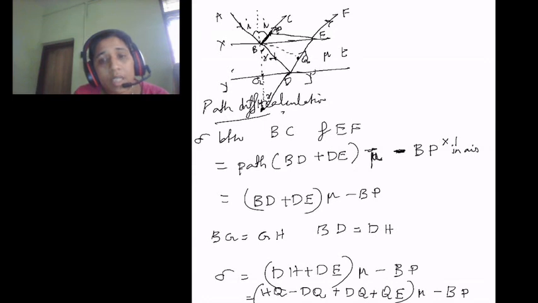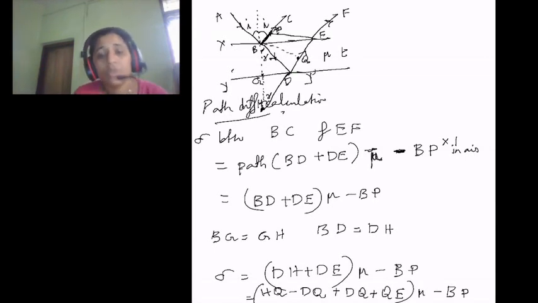That is BD is equal to DH and BG is equal to GH, and their angles are also similar. Therefore we can substitute for BD as DH.